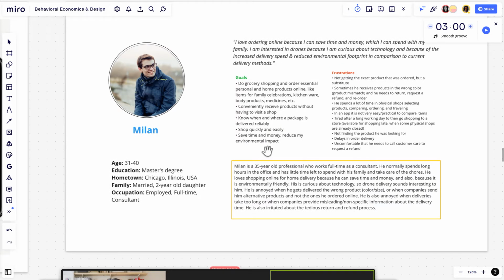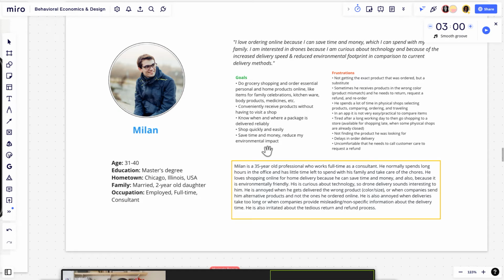So essentially, it's a young person with a university degree who is employed full time and has some frustrations. This person may buy groceries, may buy clothing, may buy kitchenware, etc. And essentially, that person wants to conveniently receive products at home without having to visit the shop. They also want to know that the package is delivered reliably. They want to shop quickly and easily and save time and money, as well as reduce their environmental impact.